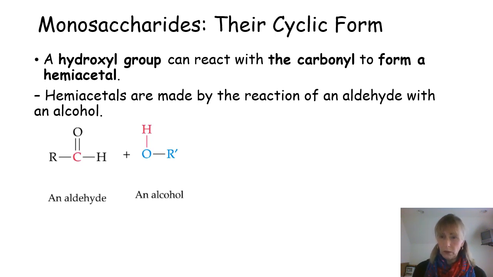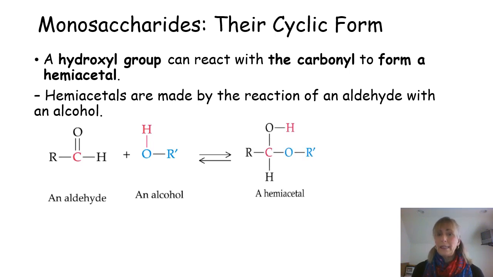We're color coding so that you can see what happens here. When an aldehyde and an alcohol combine, we end up with what is called a hemiacetal. Here's the carbon of our carbonyl. The hydrogen from the alcohol gives you an OH. We convert our carbonyl into a hydroxyl group, and we also have our OR from our alcohol.